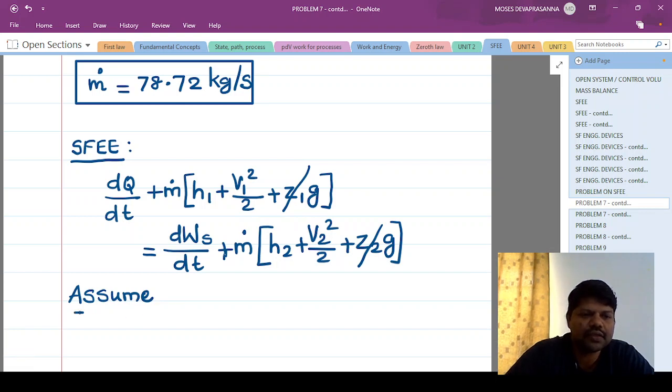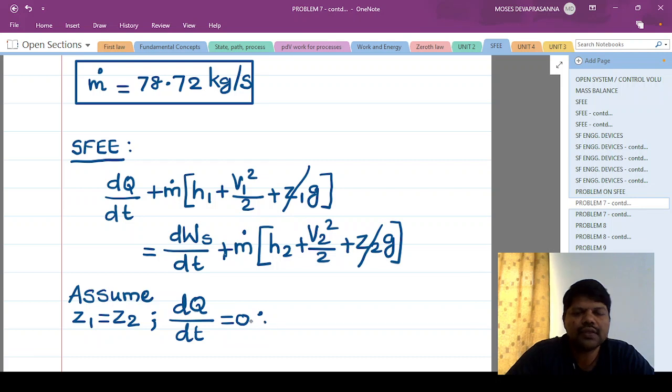First assumption is we assume that z1 is equal to z2, and then we assume that there is no heat loss or heat transfer during the flow process. So I'll take dq by dt is equal to 0. These are the assumptions we make for this diffuser.